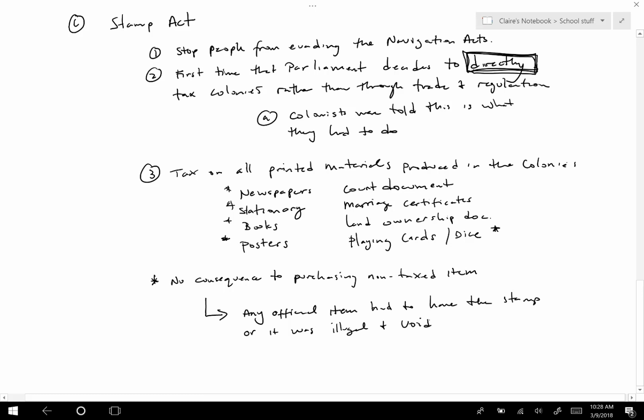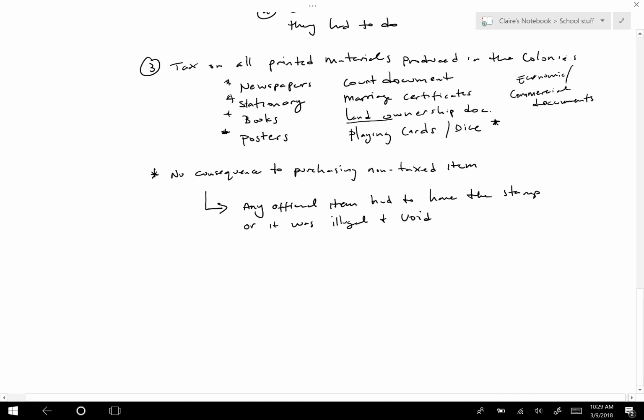So that's kind of important when it's land or marriage certificates or court documents or other economic, commercial documents. Any of these things, you can't bypass it, though there was an underground market for some of that newspaper stuff once it came out. This impacted tons of people.